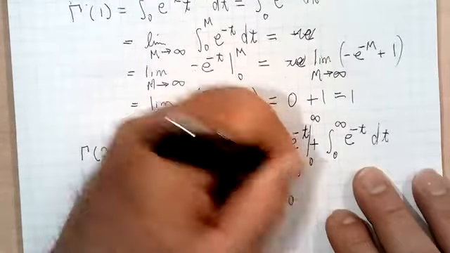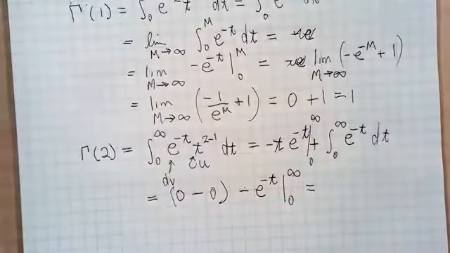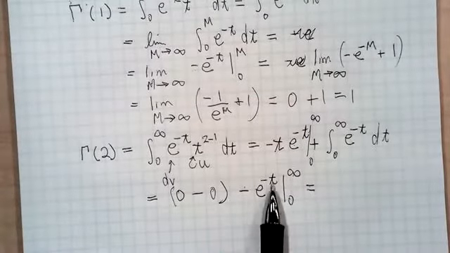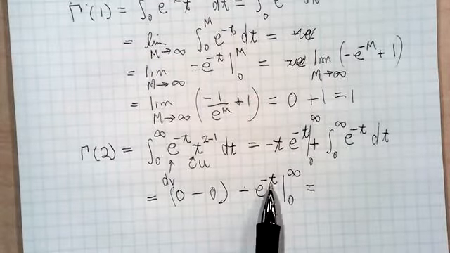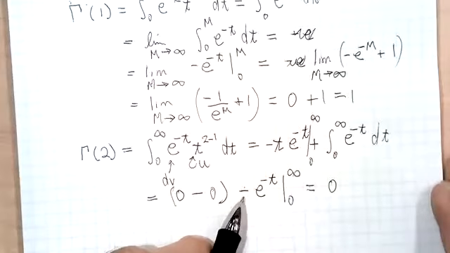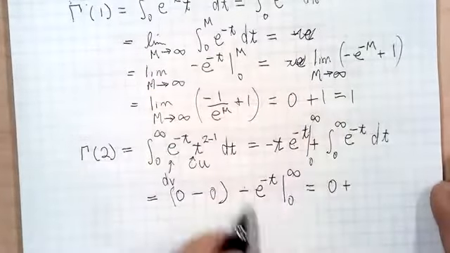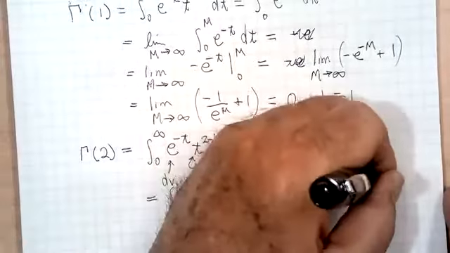And once again, on the interval from 0 to infinity, we do this kind of argument one more time. As t goes to infinity, we have 1 over e to a very large number. That goes to 0. And then it's minus a minus, so plus. When you plug in the 0, e to the 0 is 1. And we got 1 again.